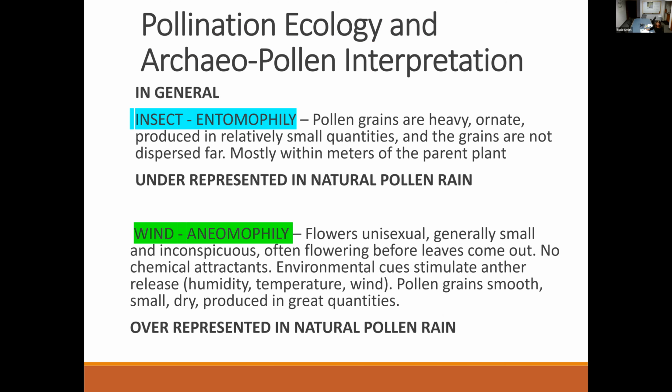And really the big take-home message here is that insect pollinated types are generally underrepresented in the natural pollen rain. They're underrepresented then in modern surface samples and in a natural system, but the wind pollinated types are overrepresented in the natural pollen rain.